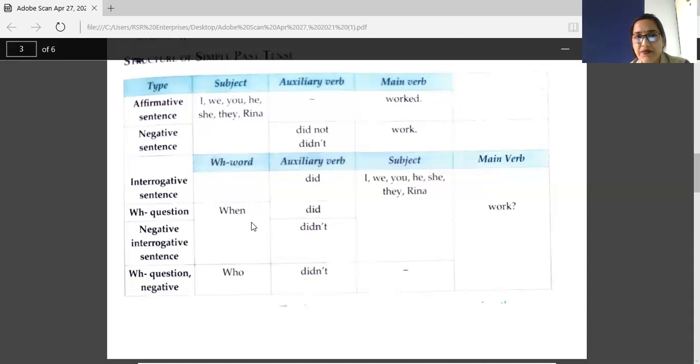If it is negative, when didn't they work? Who didn't work? Okay, now without WH word, your sentence will be did they work?